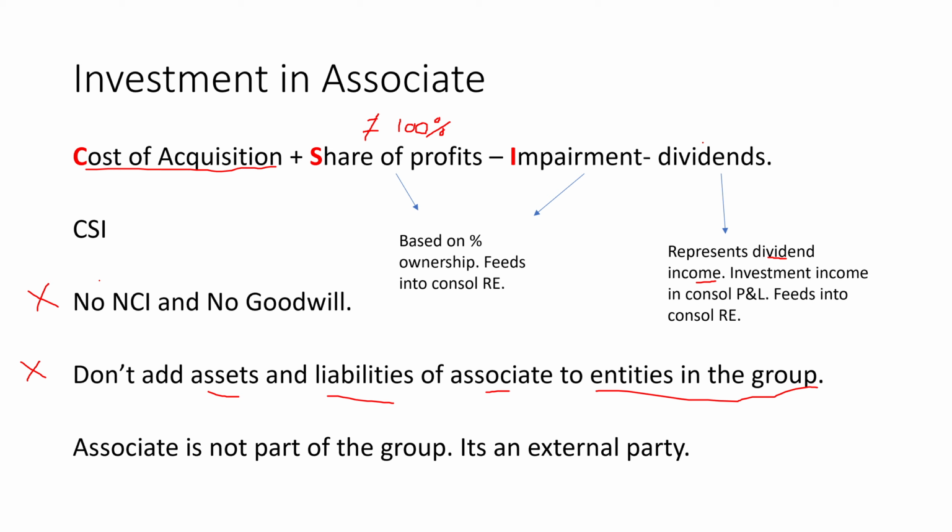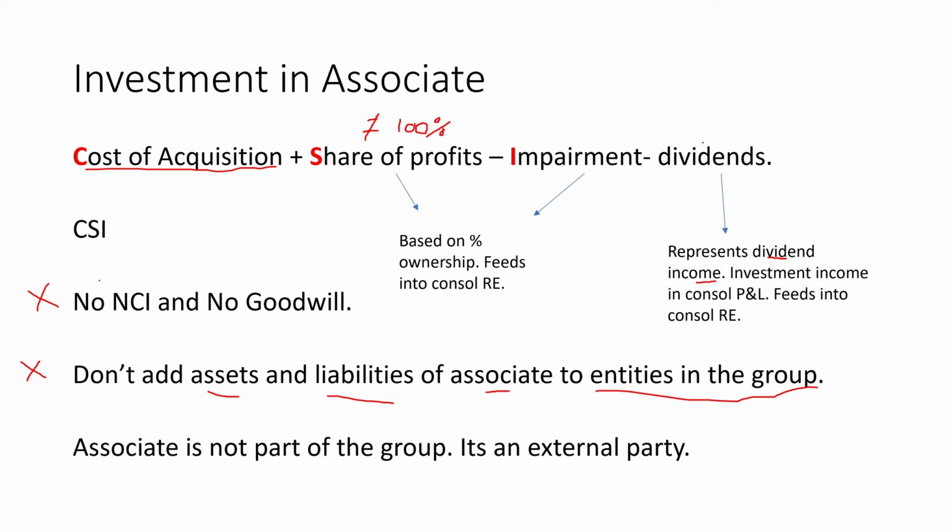If an associate is paying dividends out, then that represents dividend income. So the group as a whole is receiving dividend income from that, and that becomes investment income. That investment income feeds into your consolidated P&L, and then that indirectly feeds into your consolidated retained earnings.